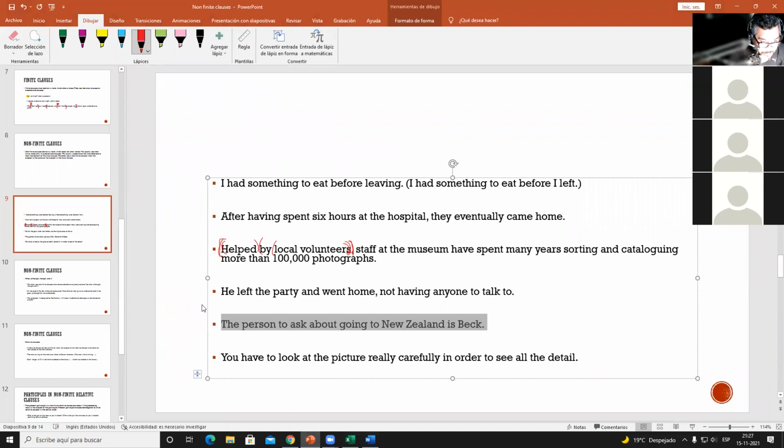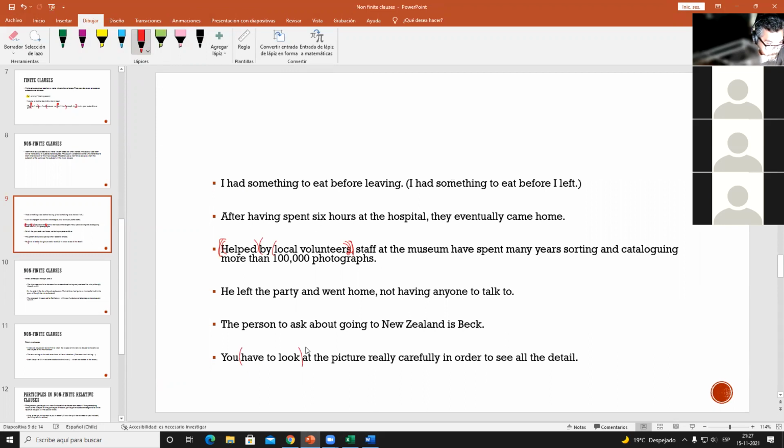You have to look at the picture really carefully in order to see all the detail. I'm not going to do it, but you can see how you have to look at the picture, how, really carefully. Why? In order to is a preposition. In order to, the three words, is one preposition.